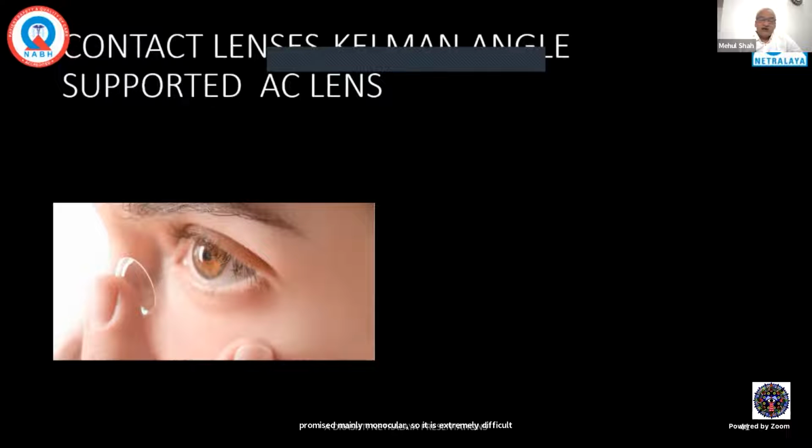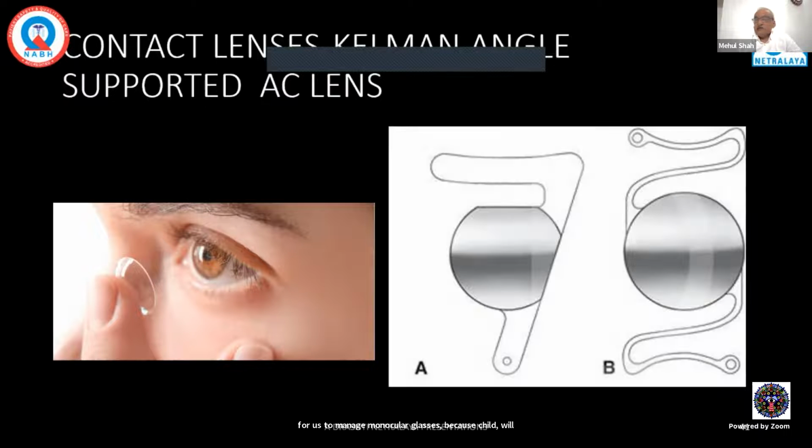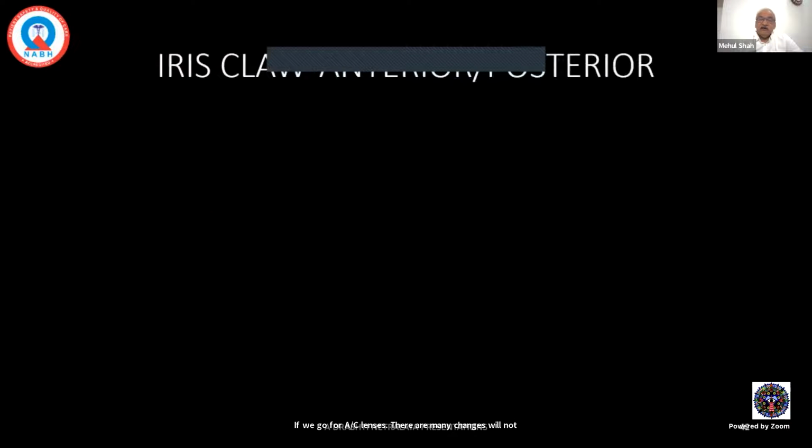So another option was contact lenses. The third option was the anterior chamber lens, Kelman or any other design. But in an already compromised eye, if we go for AC lenses, there are many changes that will not permit the eye to remain quiet for a longer period of time.